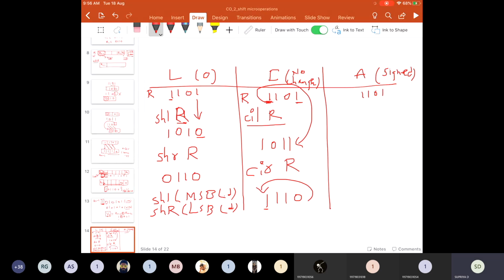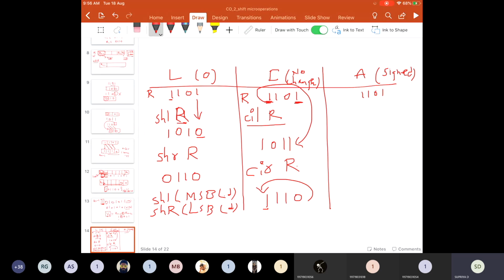Instead of adding a 0 after performing a shift right operation, we replace it with the bit that we are discarding in the logical shift. This is circular shift left and circular shift right.